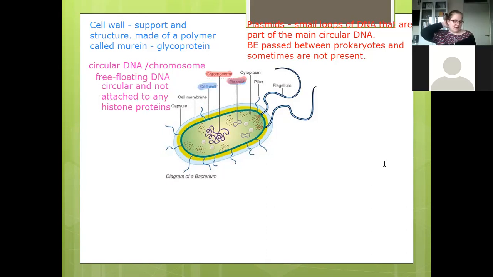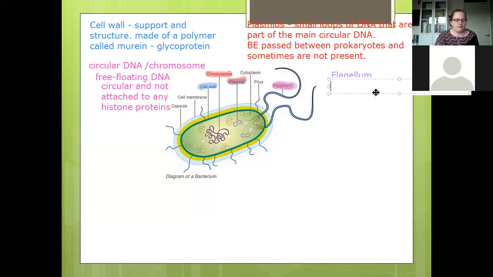Then they sometimes have a flagellum. Flagellum, plural flagella.